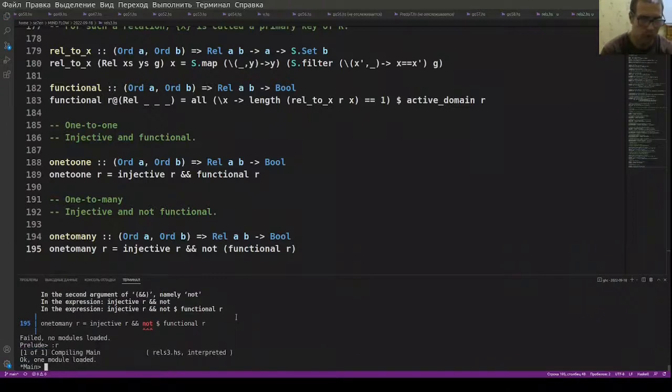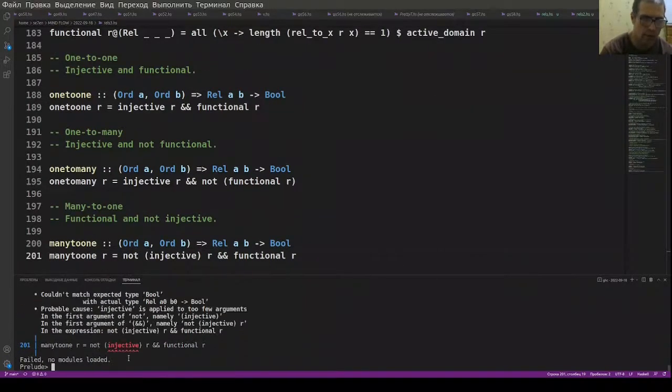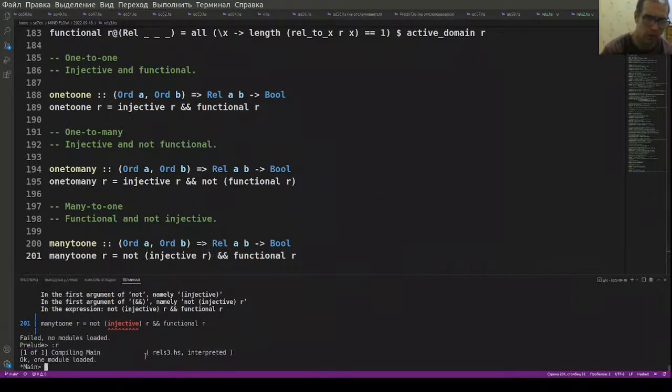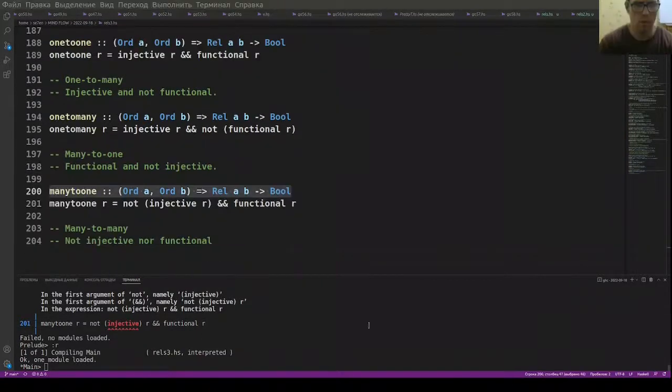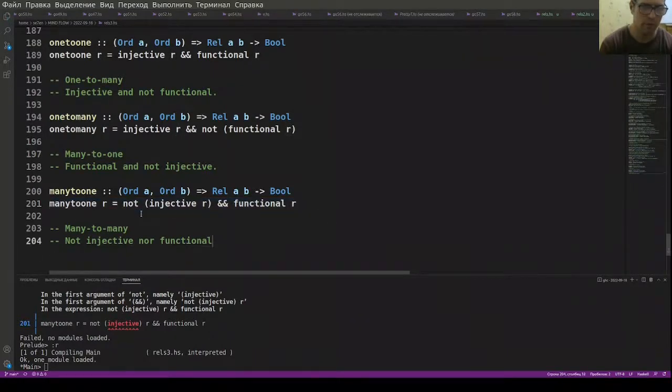Why does it not compile? Okay, like this. The next guy is many-to-one. This is not injective and functional. Okay, next is many-to-many. It is not injective and not functional.